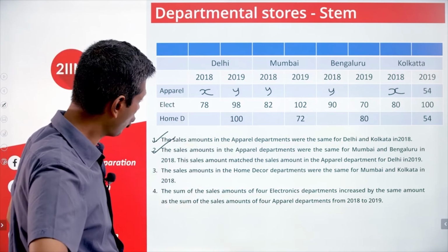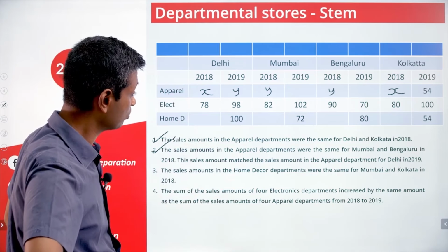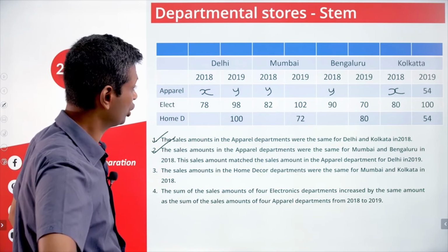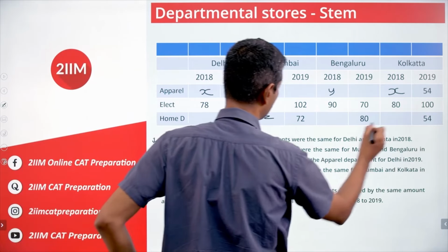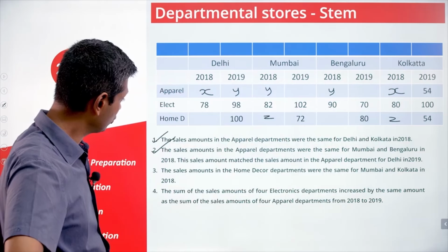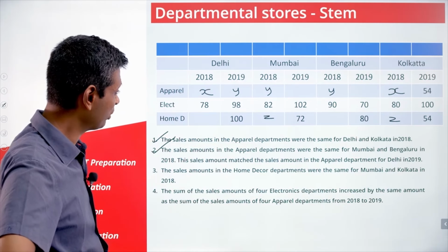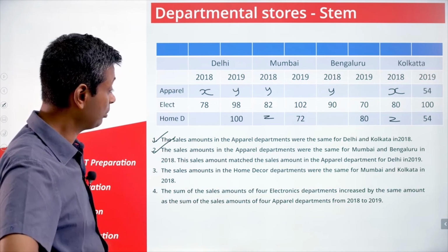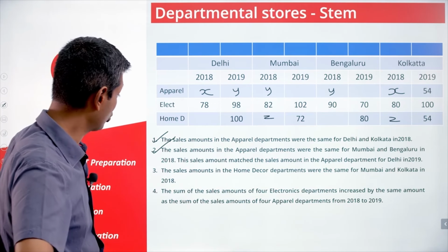The sales amount in the home decor department were the same for Mumbai and Kolkata in 2018. Mumbai, Kolkata, same. This is Z. This is Z. Lovely. The sum of the sales amounts of the 4 electronic departments increased by the same amount as the sum of the sales of the 4 apparel departments from 2018 to 19.